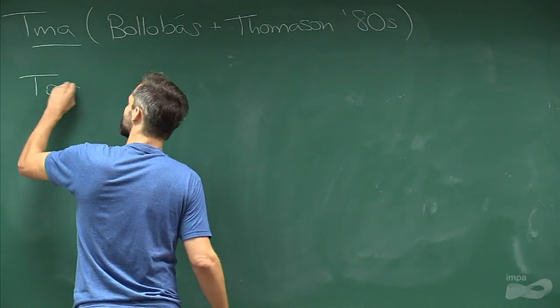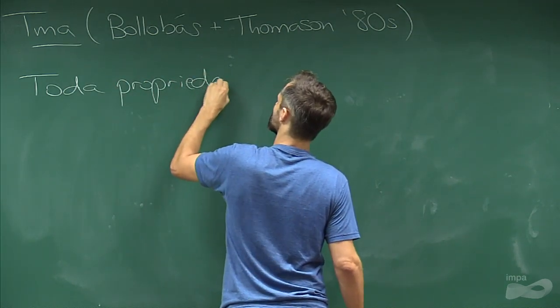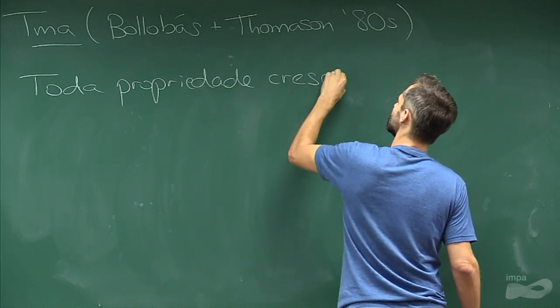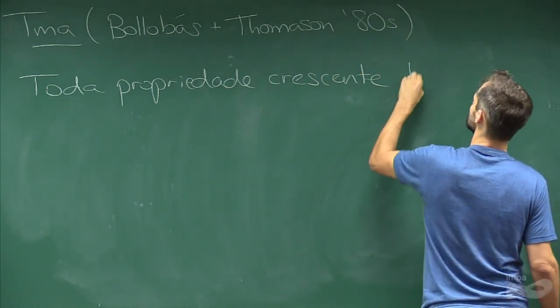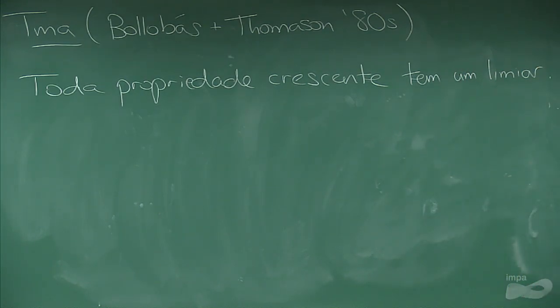Every increasing property has at least a coarse threshold. We haven't actually proved that coarse thresholds exist, but they do, and we will prove it. So every increasing property has a threshold.